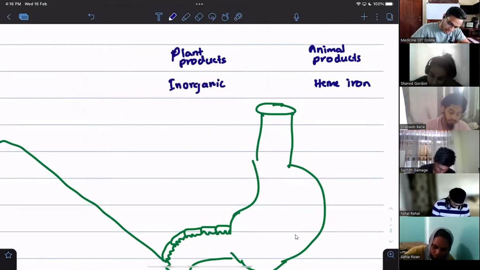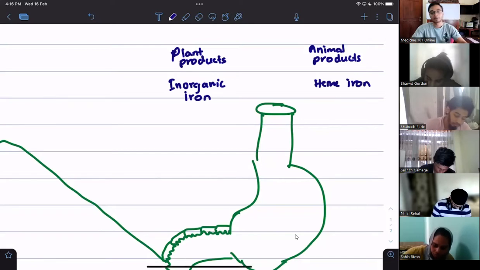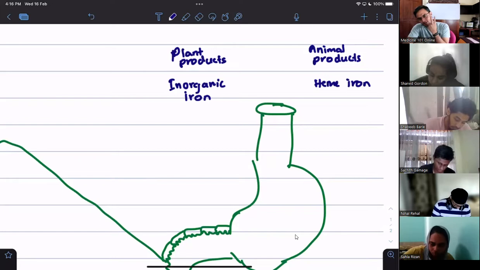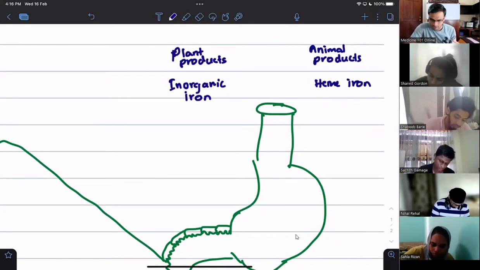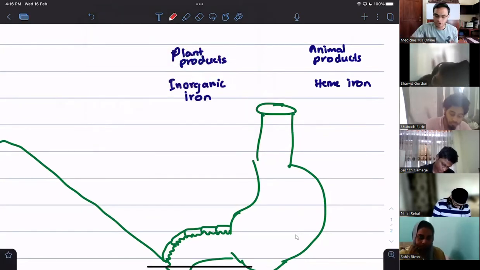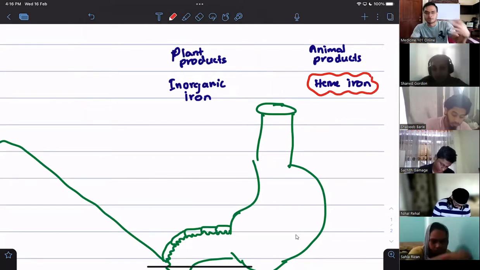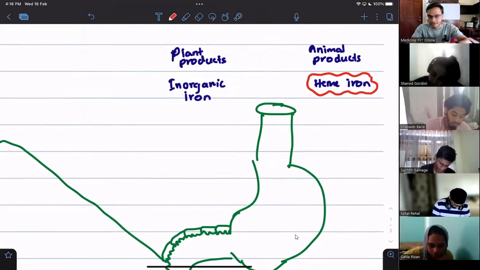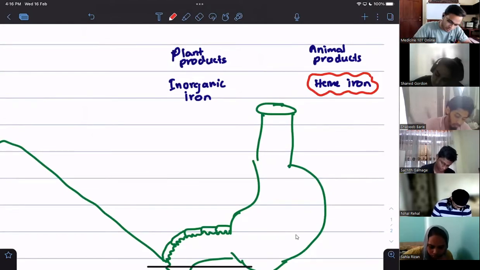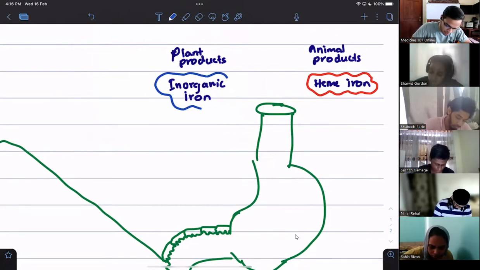Now, I want you all to take two colors, and we are going to use those two colors throughout this class. Don't mix them up. For the heme, I'm going to use red, because hemoglobin is pinkish, reddish in color. And for the inorganic or the plant-based one, I'm going to use blue.